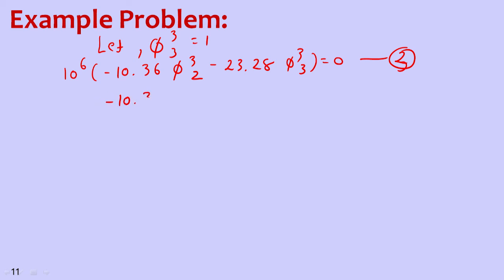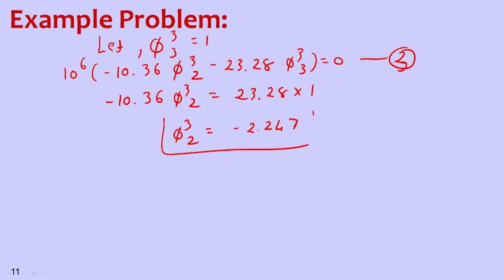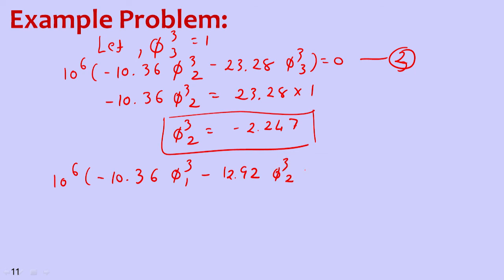When I substitute again, 10.36 532 is equal to 23.28 multiplied by 1. So here I will get 532 as minus 2.247. So this is the value at the second floor. Now when I substitute for the first floor in equation number 2: minus 10.36 531 minus 12.92 532 minus 10.36 533 is equal to 0.